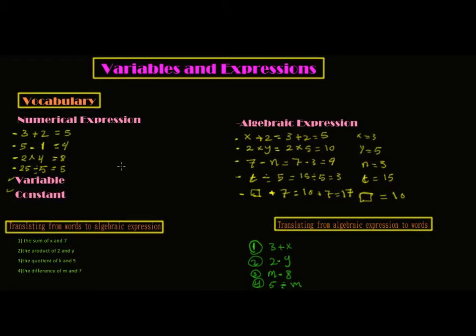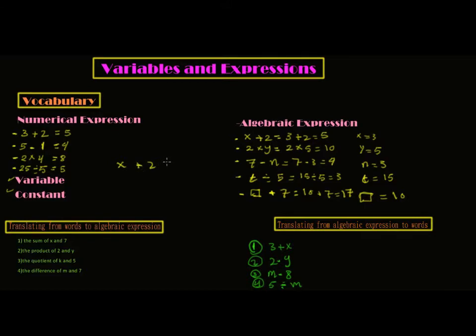If I told you to find the value of the expression x plus 2, here we have an algebraic expression. You couldn't find the answer until you find the value of x. Someone may plug x equal to 1, another one plug x equal to 100, a third one plug x equal to 5.